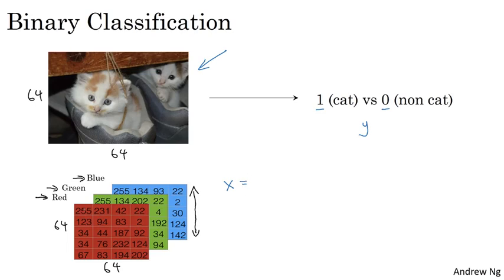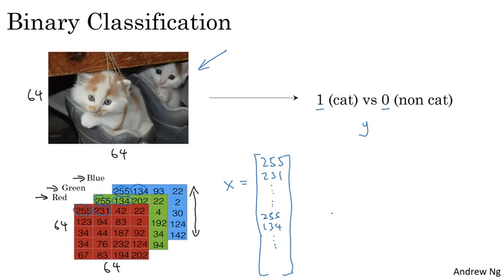We're just going to take all the pixel values, 255, 231, and so on, until we've listed all the red pixels, and then eventually 255, 134, and so on, until we get a very long feature vector listing out all the red, green, and blue pixel intensity values of this image.